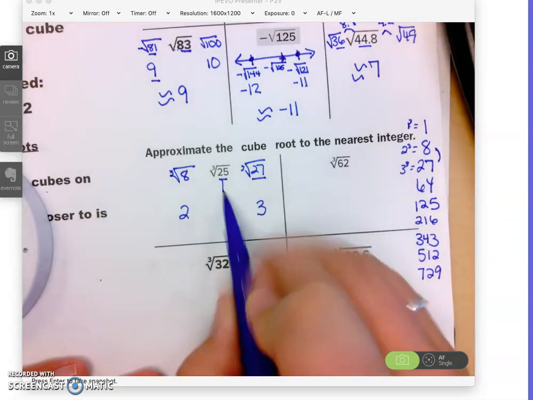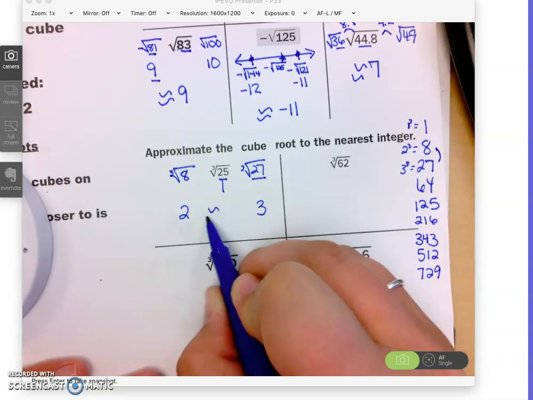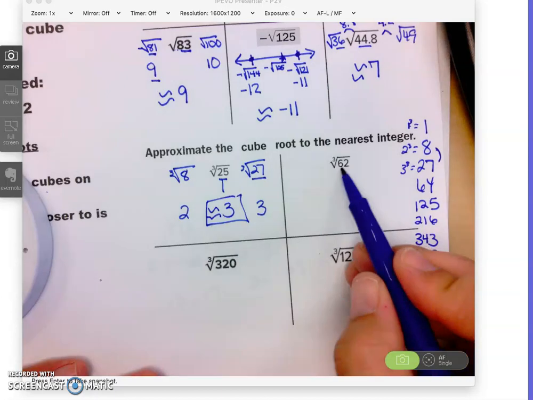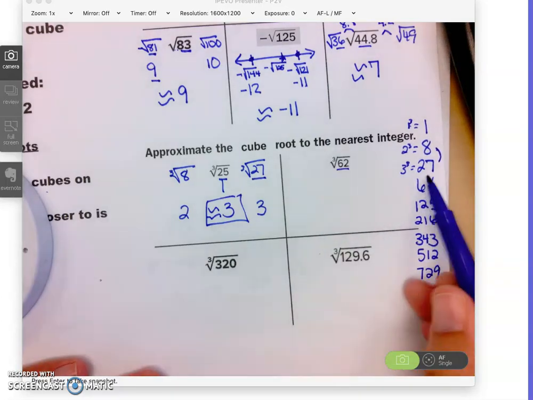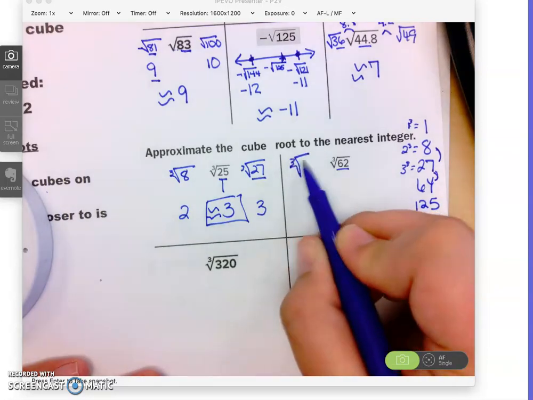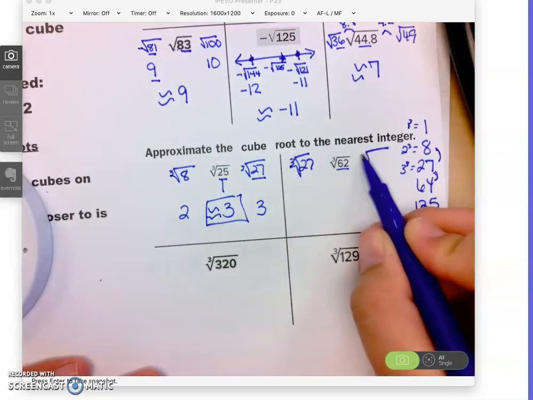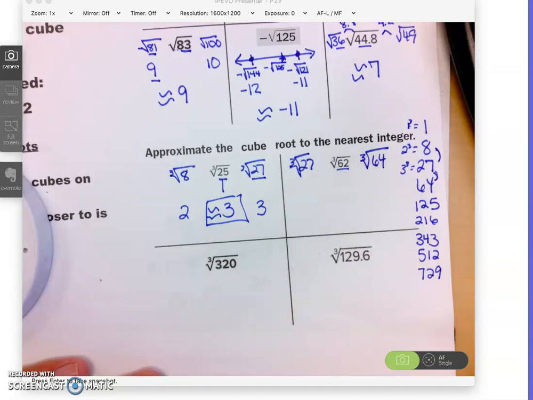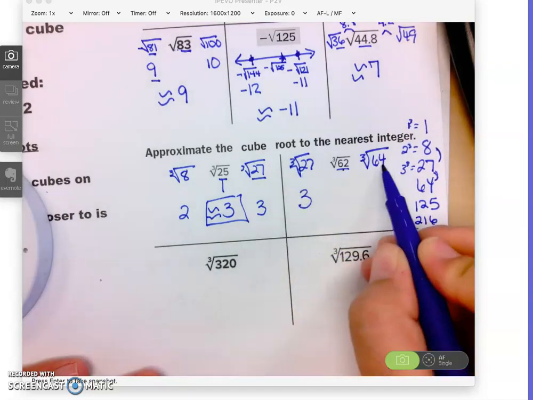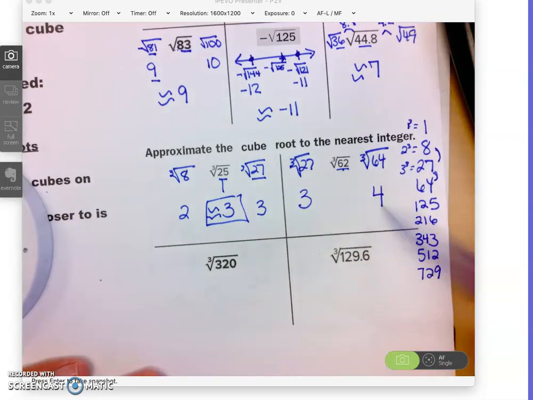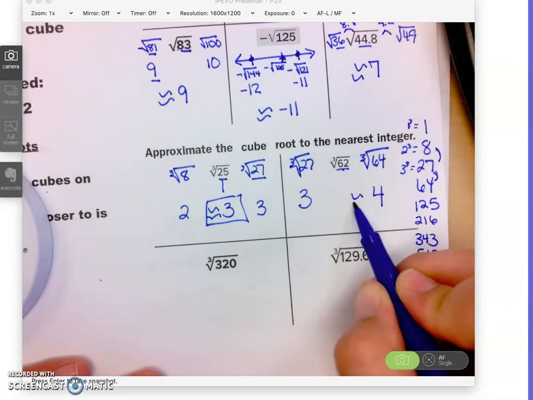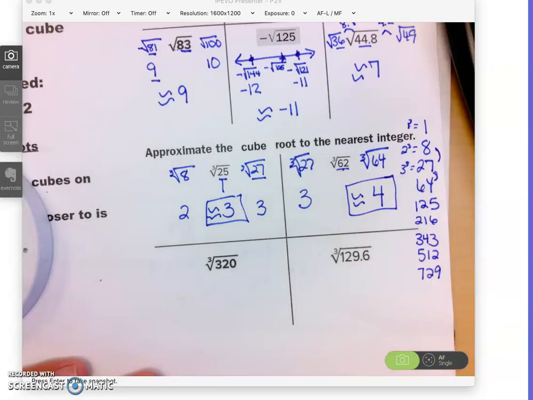So this is going to be closer, approximately 3. Okay, same here. 62 would be between these two numbers. So it's going to be between the cube root of 27 and the cube root of 64. Because cube root of 27 is 3, cube root of 64 is 4, 62 is closer to 64, so it's going to be approximately 4.